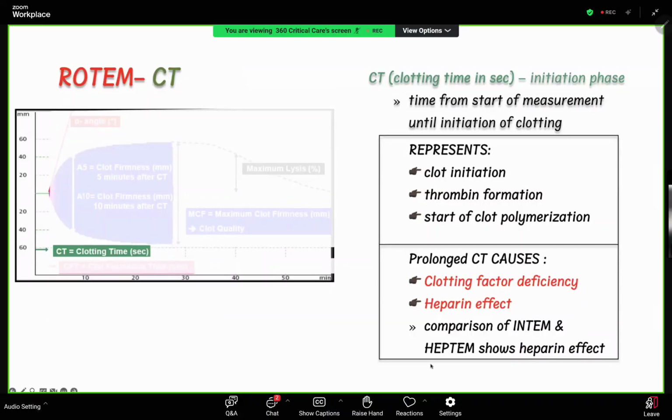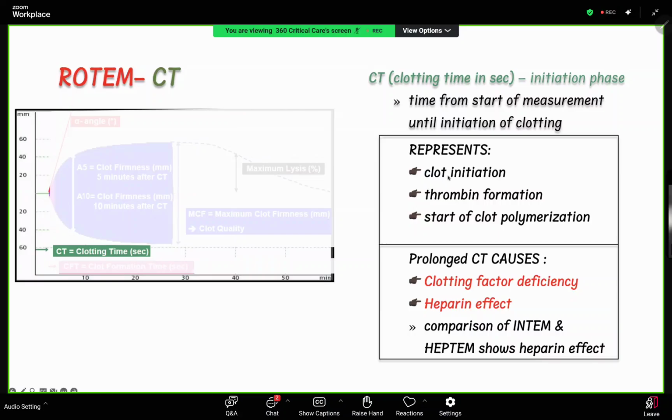Now the parts of a ROTEM. Initially you looked at the clotting time or CT. This green part is the CT or clotting time in seconds. It represents the initiation phase, that is the time from start of measurement until initiation of clotting. So you started measurement here, this is zero time, and the length of that is the clotting time. If it is more, that means the clotting time is more. If it is less, the clotting time is less.